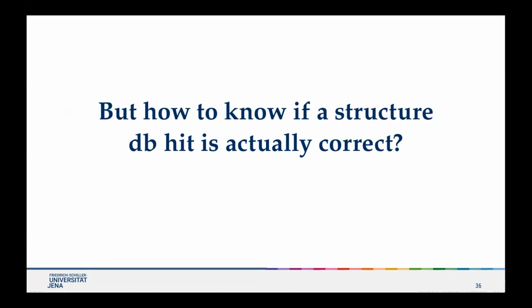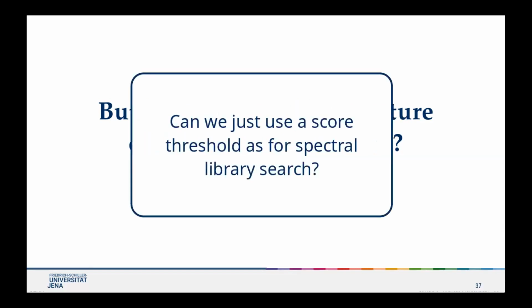The question is now, okay, we have searched in a database. This is the same question that has already been asked for the spectral library search. How do we know if a database hit that we have is correct? For spectral library search, it works quite well to apply a scoring threshold. We had this 0.7, and everything above 0.7 we accept, and everything below we don't accept.